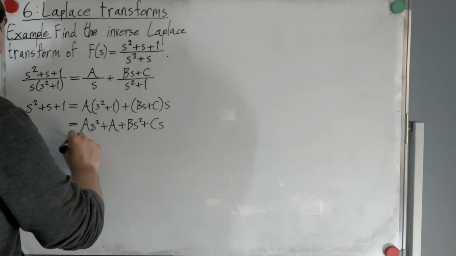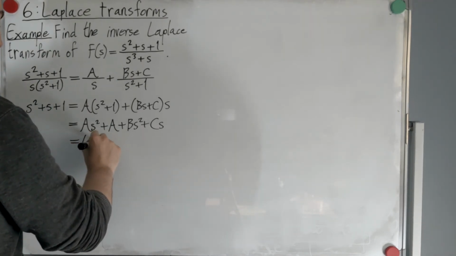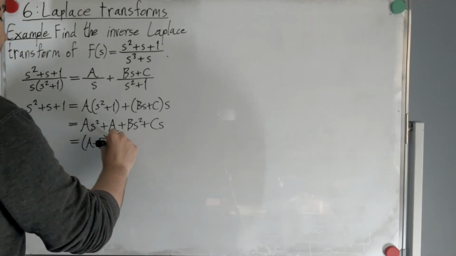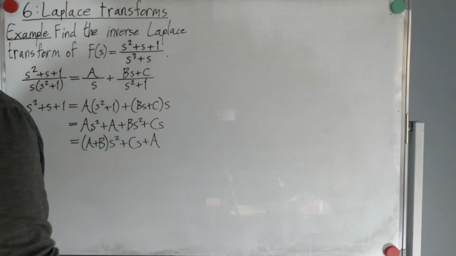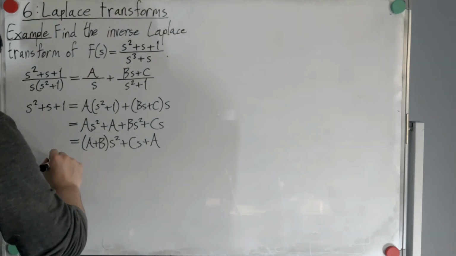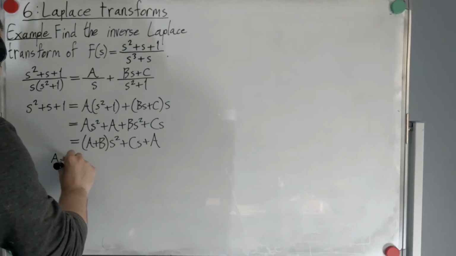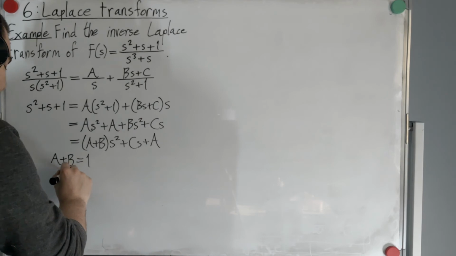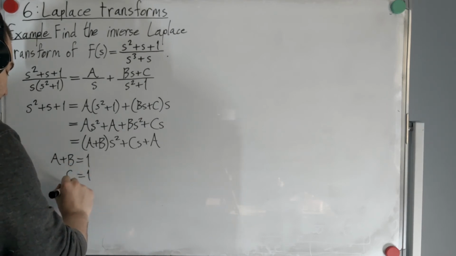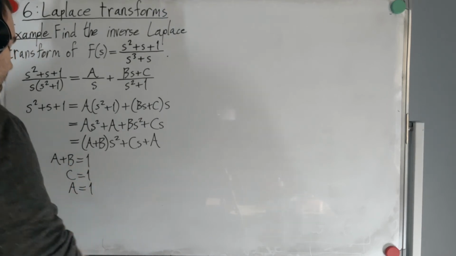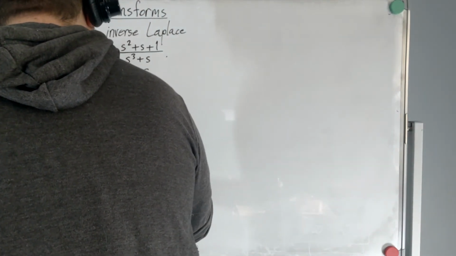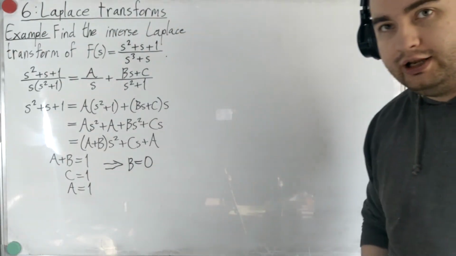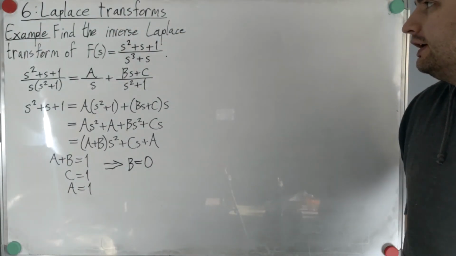Combine like terms and powers of s, and you have A plus B times s squared plus Cs plus A. That tells you A plus B equals 1, C equals 1, and A equals 1. Therefore, B is 0. Pretty easy partial fraction decomposition, right?